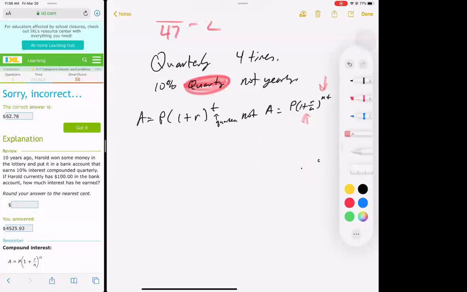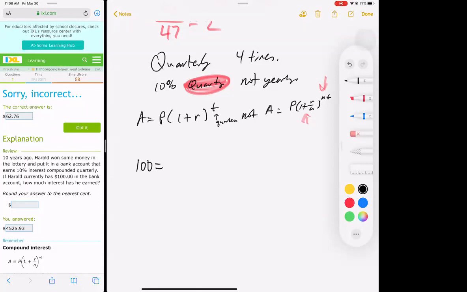Okay, let's look back at this question. How much interest did he earn? He holds $100. That's how much is in the bank account at the end.